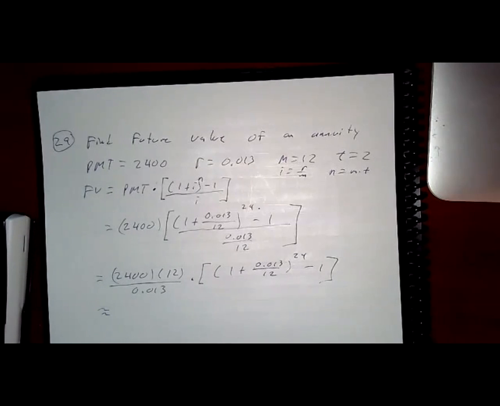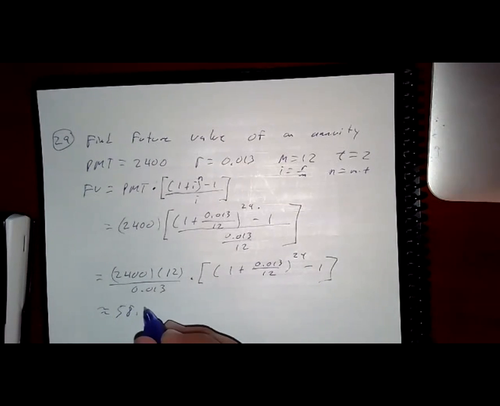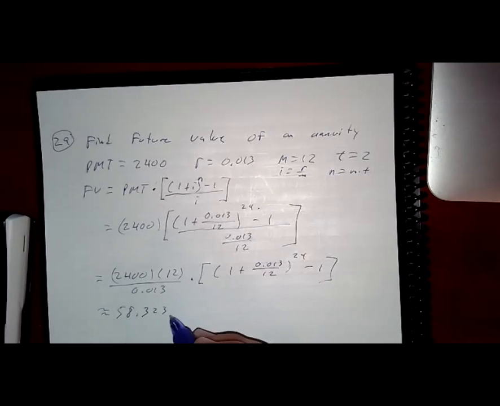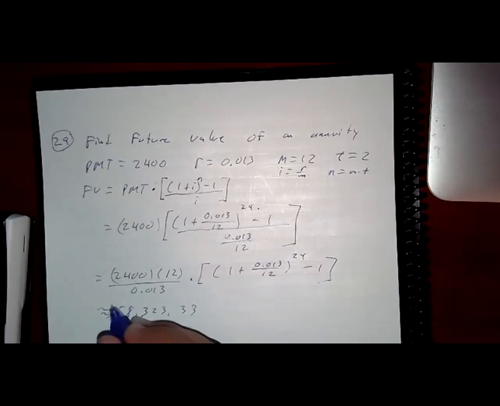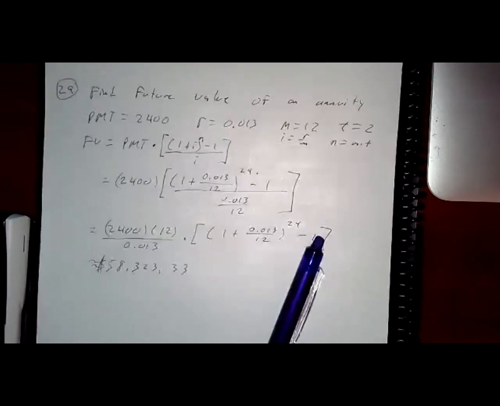If I put away $2,400 for 2 years, yeah, that's reasonable. 58,323.33. So to the nearest cent, it would be this. Now let's check our answer choices. 29 is hopefully correct. Yeah.